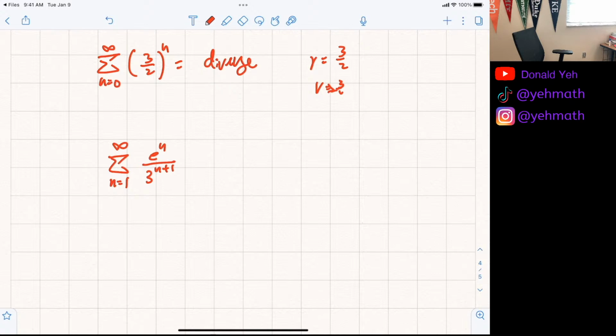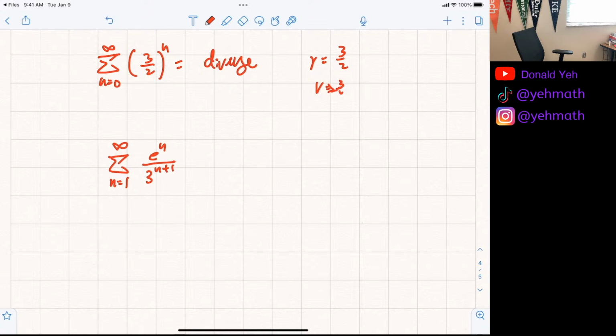First term, yes, so you put n equals 1 in e over 3 squared, so it's e over 9. Figure out what the common ratio is. You can do that, but with n. If you change it to e to the n times 3 times 3 to the n, now you can factor out 1/3.